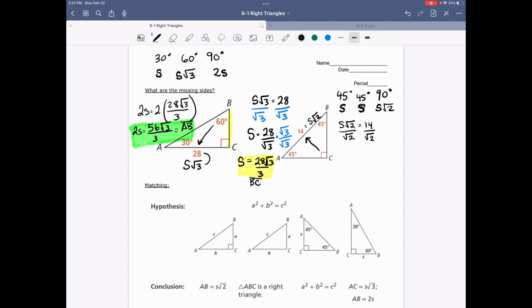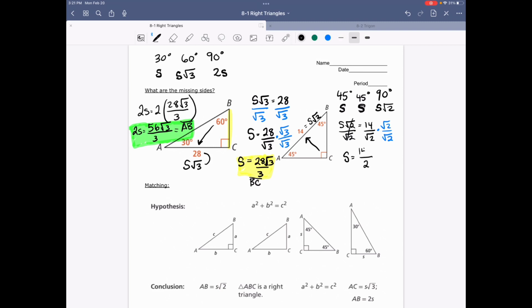And remember, when we divide by root 2, we have to rationalize it. So we're going to multiply by root 2 over root 2 to rationalize the denominator, because it has to be a rational number, and the square root of 2 is not rational. So then we're going to have 2 on the bottom, because square root of 2 times square root of 2 is 2.